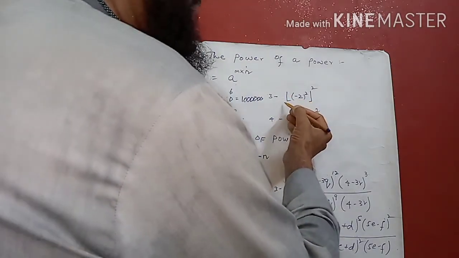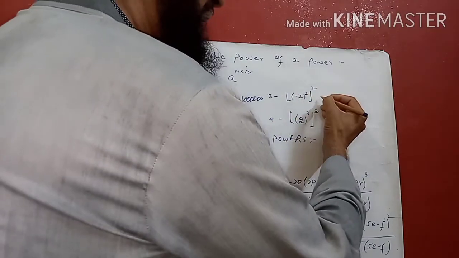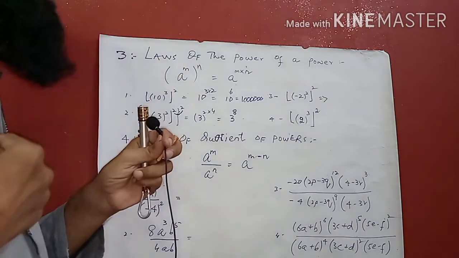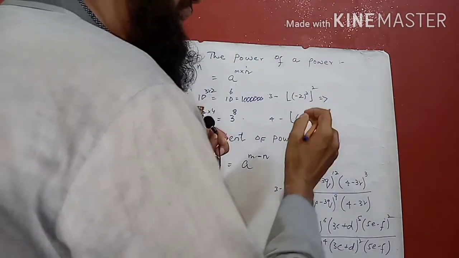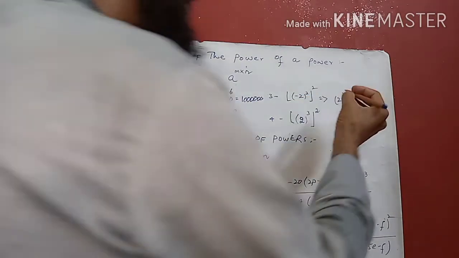Now question number 3, minus 2 raised to power 2. As we know previously, if we have a negative term containing the power or exponent, the minus is eliminated, so it comes as 2 raised to power 2 and raised to power 2. Again we multiply these two numbers.